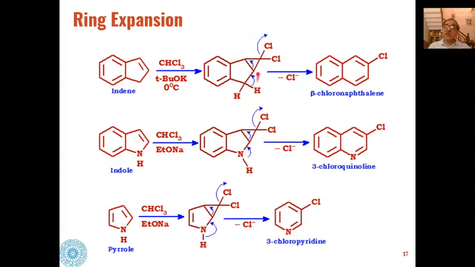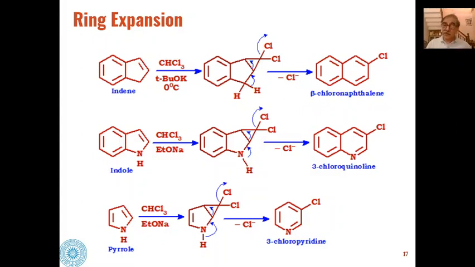And then these cyclopropyl rings, with the elimination of one of the halogens from here and hydrogen from here, will undergo ring expansion reaction to give us beta-chloronaphthalene as the product.